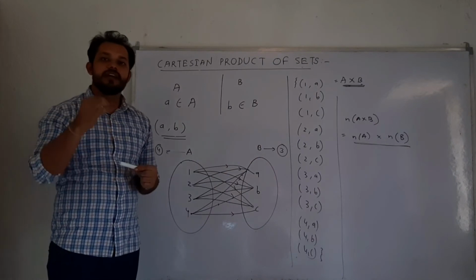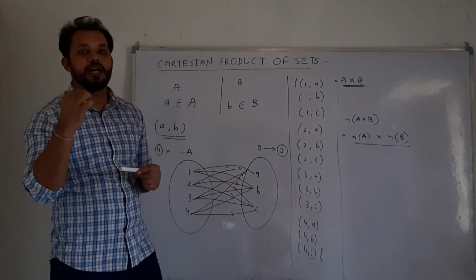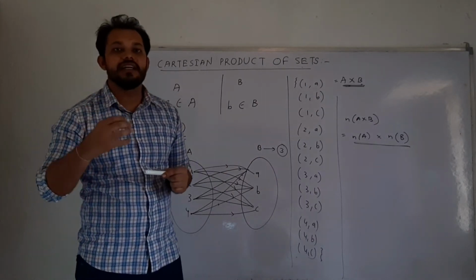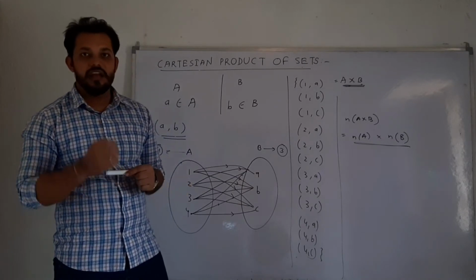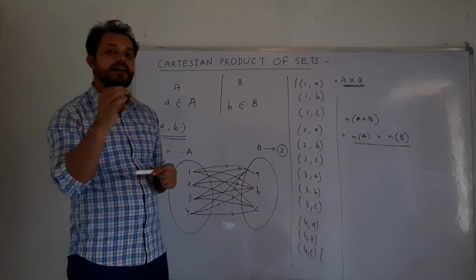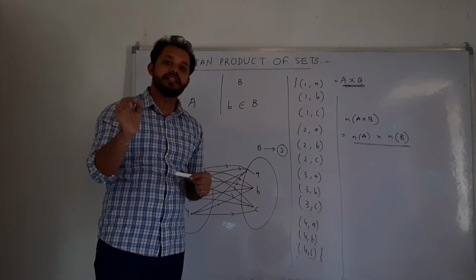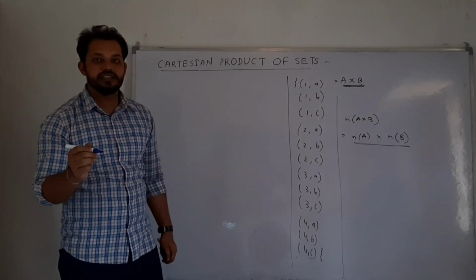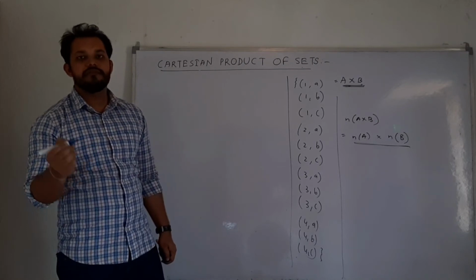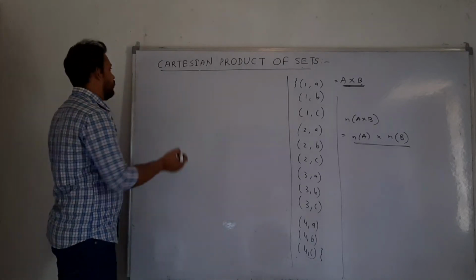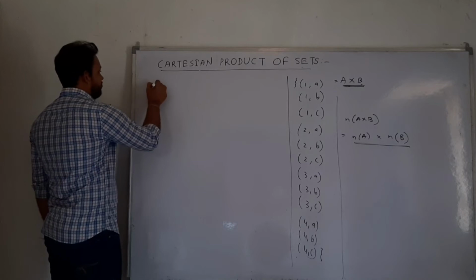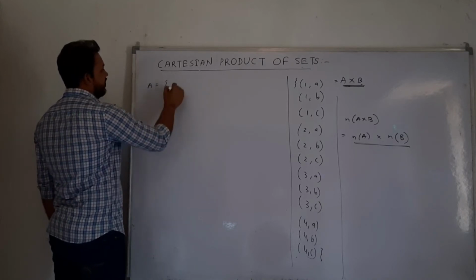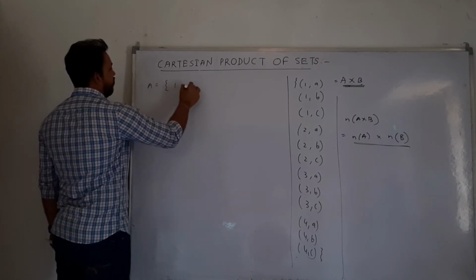In the same way, the Cartesian product can also be defined for 3 sets. Let us understand how to define a Cartesian product of 3 sets. First let us have 3 sets. We have set A, elements of set A are 1, 2.